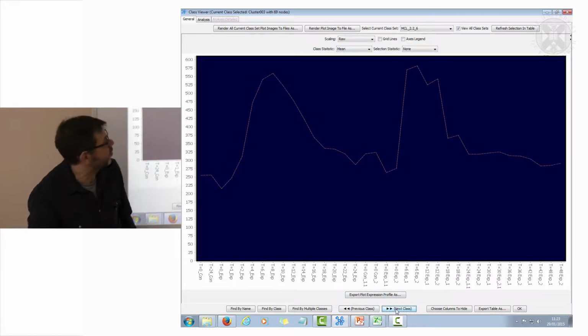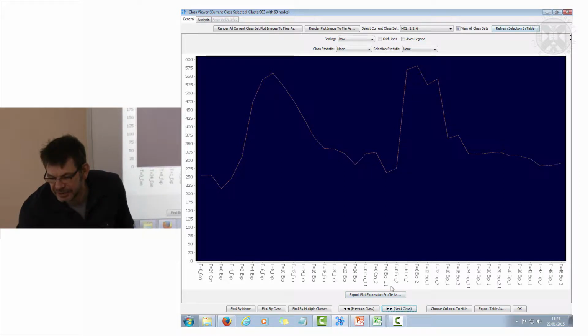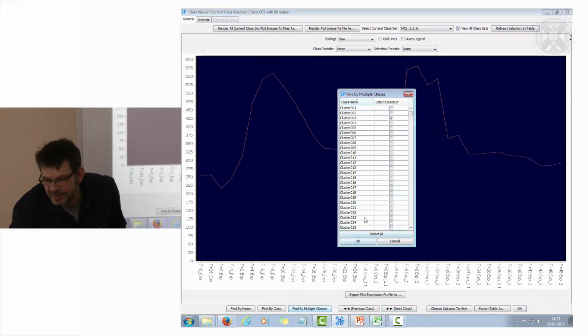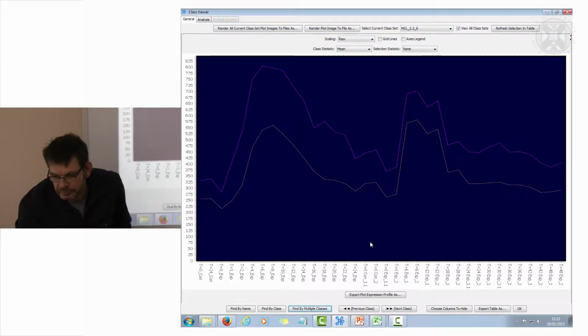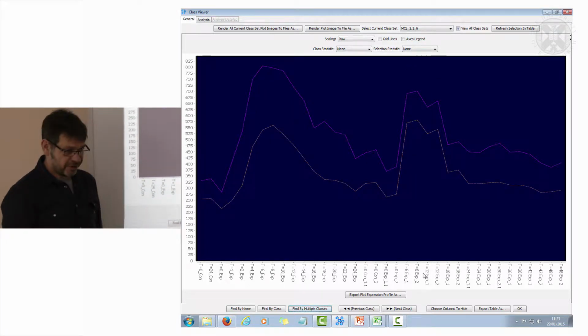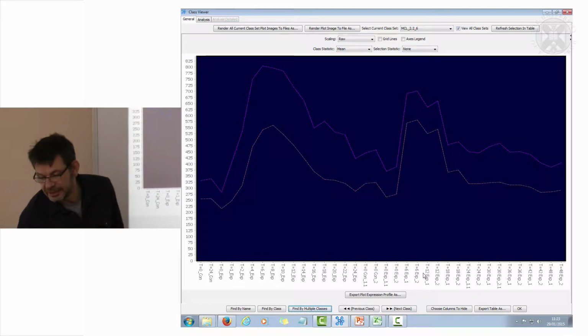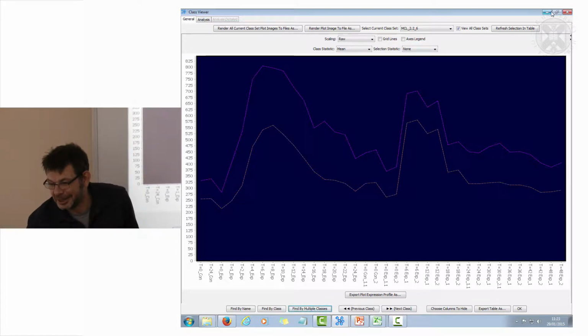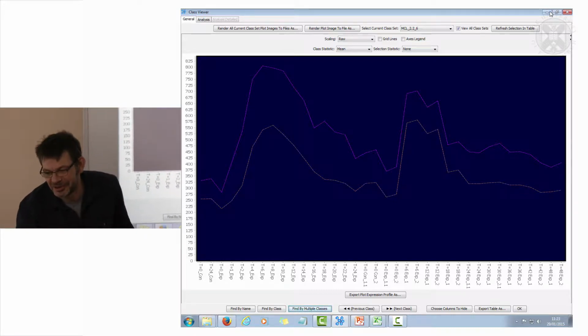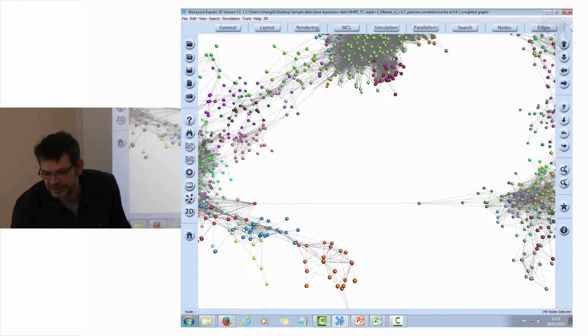Next class. So that's quite similar. So let's just do this, so I can display multiple classes. Okay. So you see how similar those two are? Very similar in their overall expression. And what we'll find, I'm pretty sure, is that when we look at the graph, they'll be in a similar place within the graph.